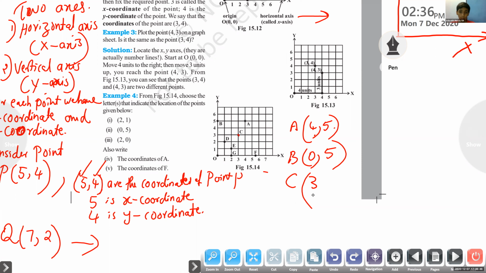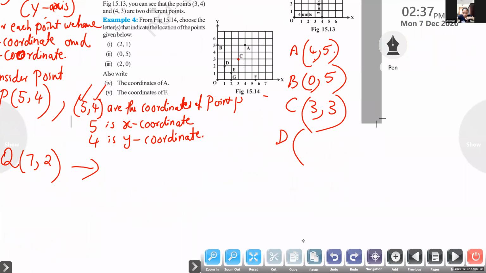And Y coordinate? 3. So 3, 3 is the coordinates of C. Okay. Lynette, point D. Yes, ma'am. 1, x coordinate, and 2 is the y coordinate. Okay, good. Salim, E.